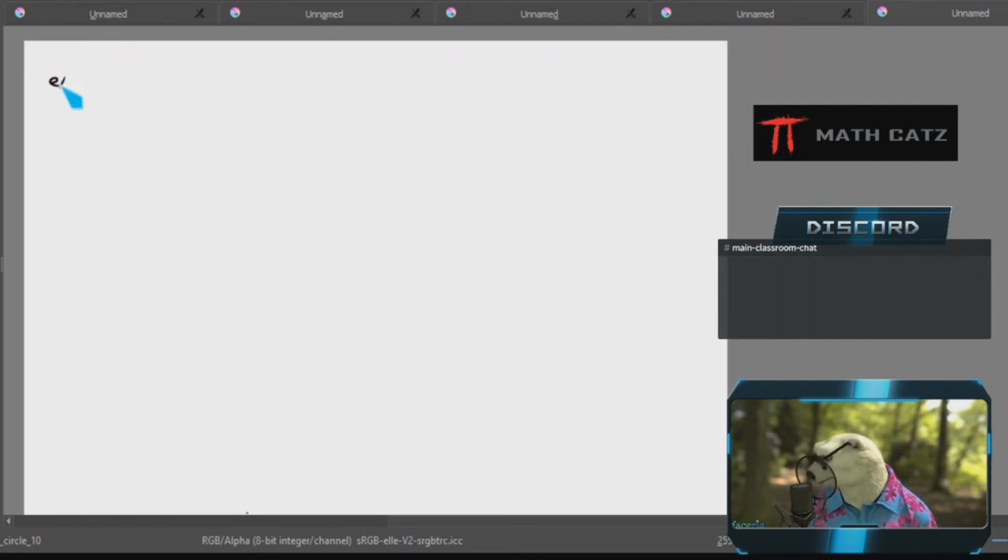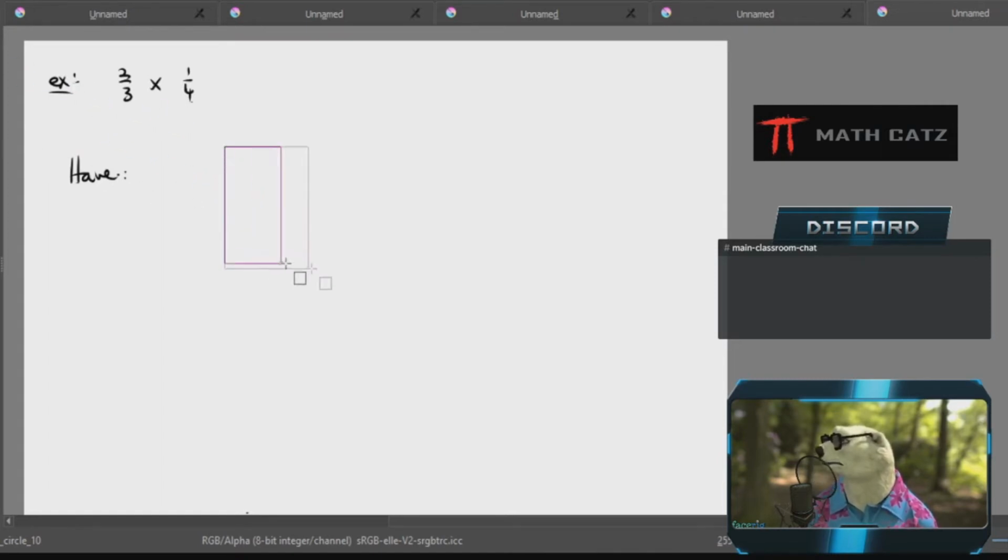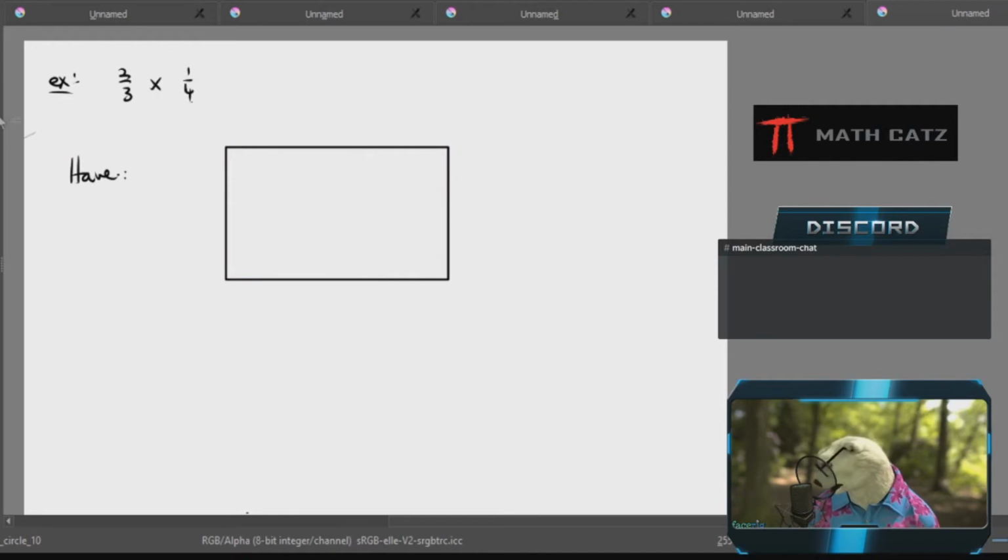And when I get to these bigger ones, let's say 2/3 times, it doesn't even matter, does it? 1/4. Make it nice and simple. I have the first quantity. No, sorry, the second one I mean. Sorry, thinking of division. So let's represent that.